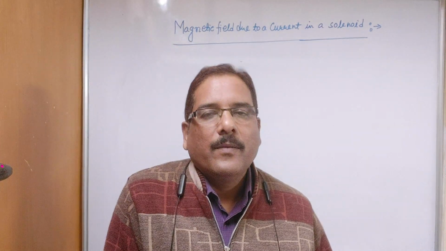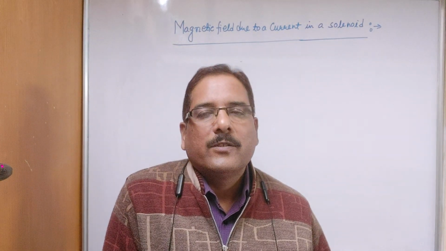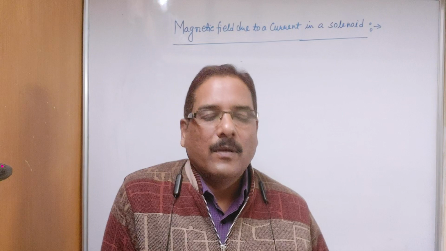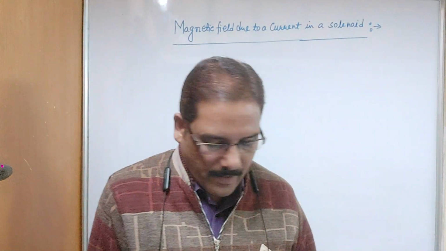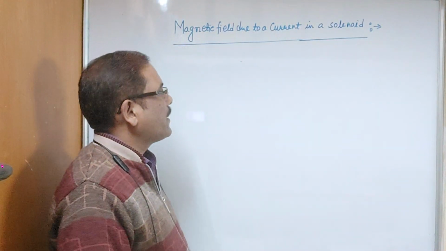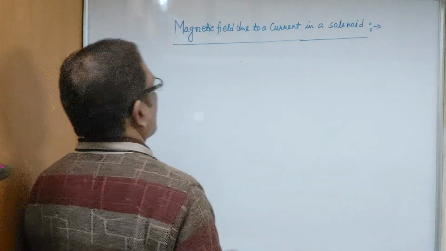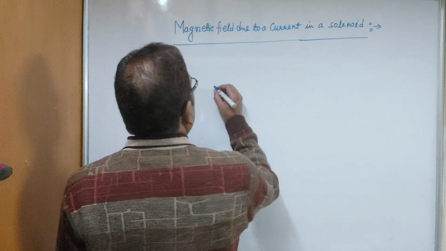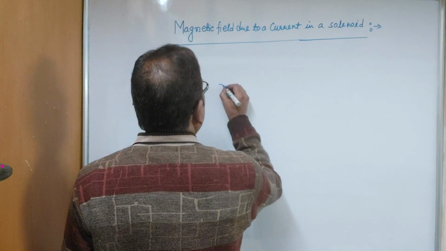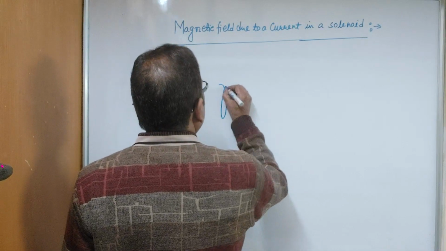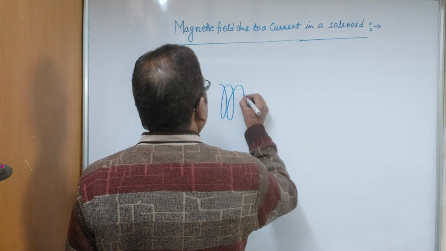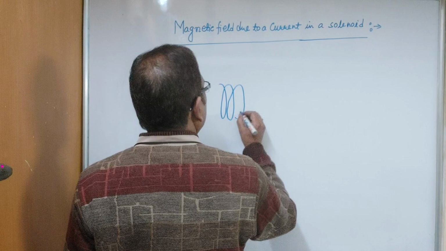Now a very important question: show the pattern of magnetic field around a current carrying solenoid. So again there is an important diagram for a current carrying solenoid. You also draw this figure. First draw the spring-like structure.